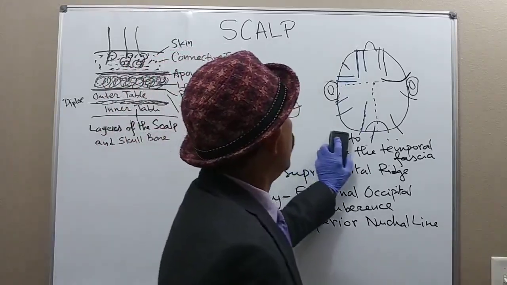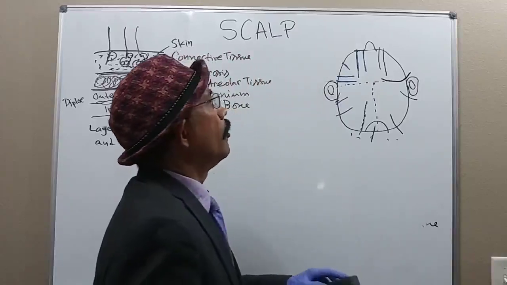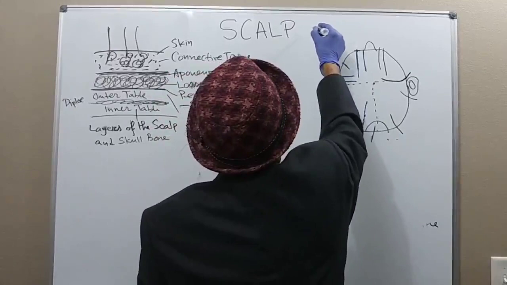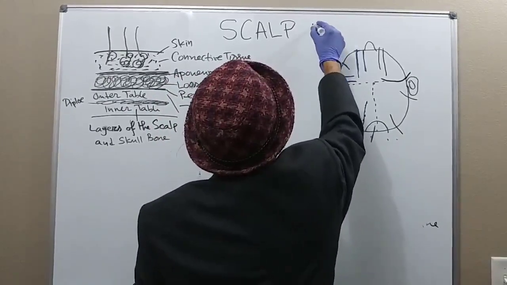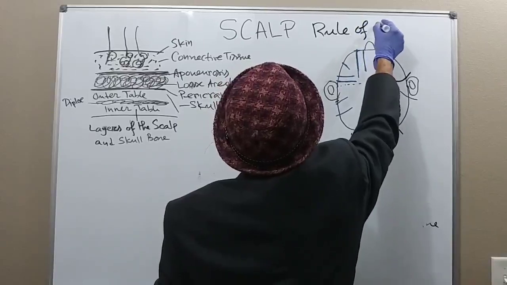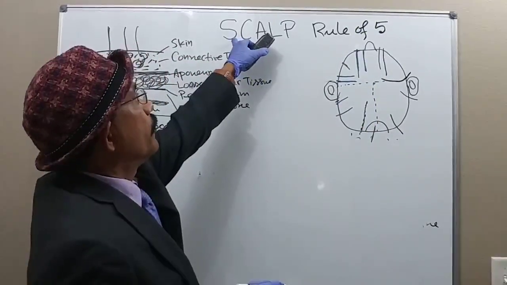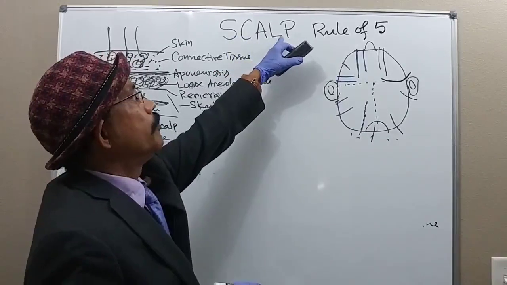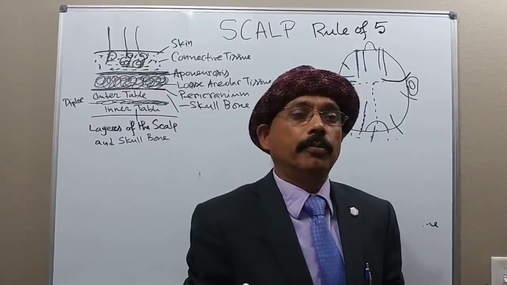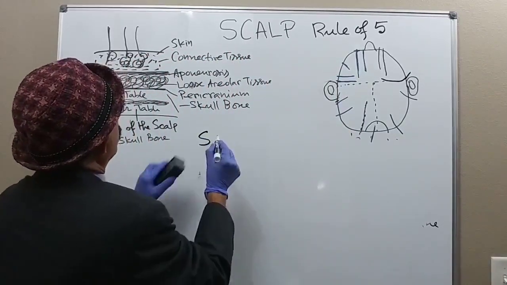We'll go to the layers of the scalp. We always remember the rule of 5, and we'll also spell the scalp as S-C-A-L-P. Then we'll get the layers of the scalp. S means skin.